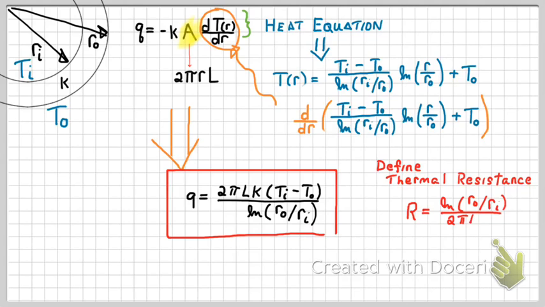Once we do that, we can write a simplified equation for Fourier's equation, which is just equal to the temperature gradient over the thermal resistance. But notice that the thermal resistance is no longer linear like it was for the plane wall, but now it has a logarithm, which will give us the curved feature in the temperature plots. Alright, moving on to the next slide.